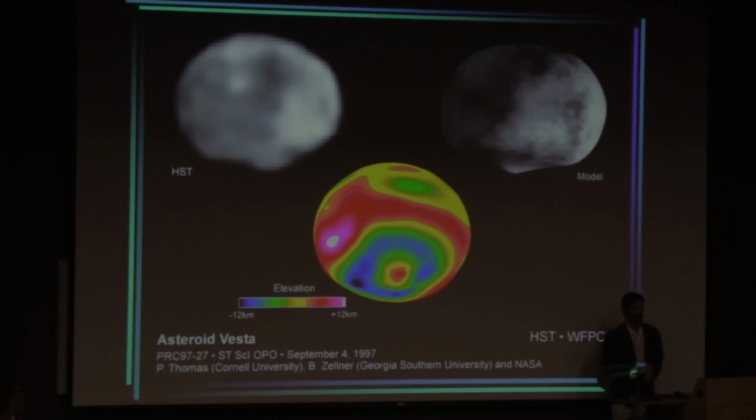All right, so asteroid Vesta, again, the best photos we have are Hubble Space Telescope photos. And the reason we don't have really good photos of a major asteroid like this is because it's not an Apollo asteroid. It doesn't really get that close to Earth, so you've got to go way out of your way to take photos of this.